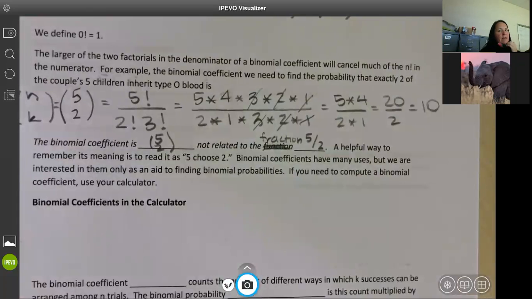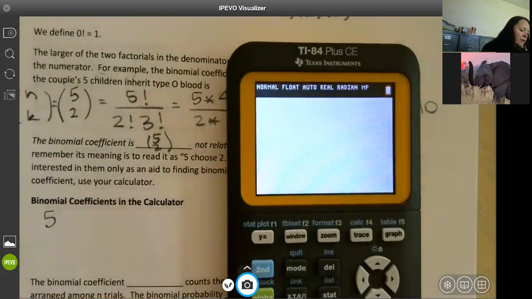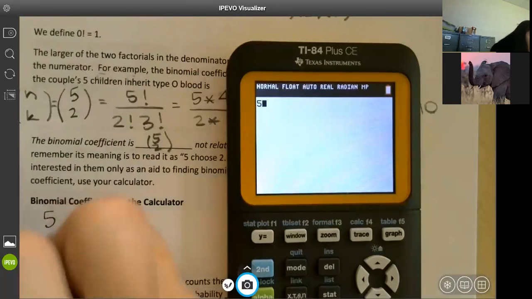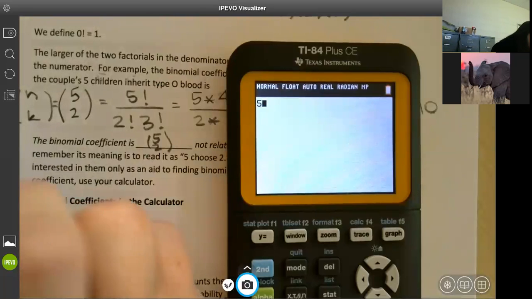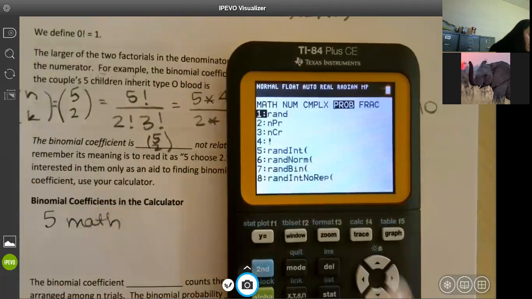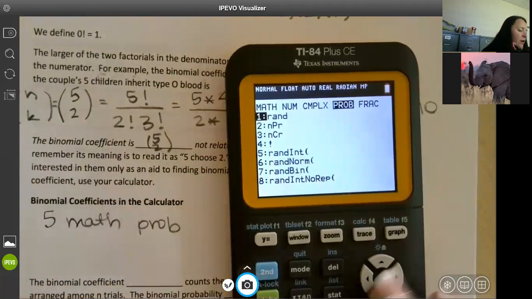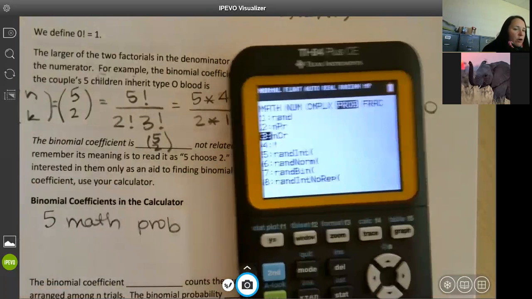If you need to compute a binomial coefficient, you're going to use your calculator, and this is how you do it. So my calculator's about to die, but I'm going to do it anyway. You're going to type in the number 5, so your top number. You're going to go to math. You're going to go over to probability. You're going to choose nCr.